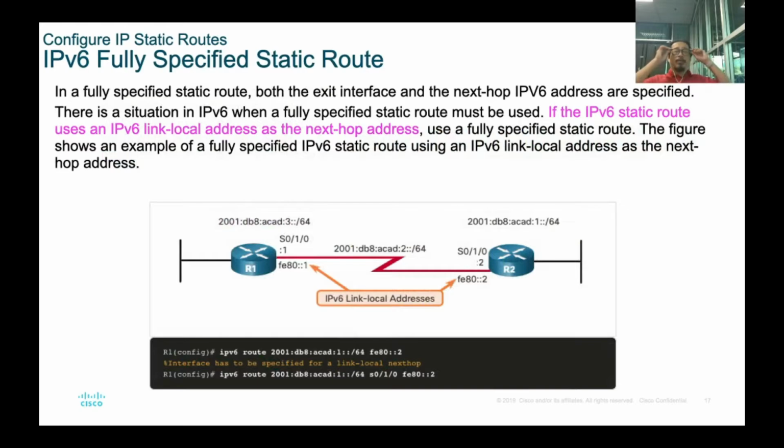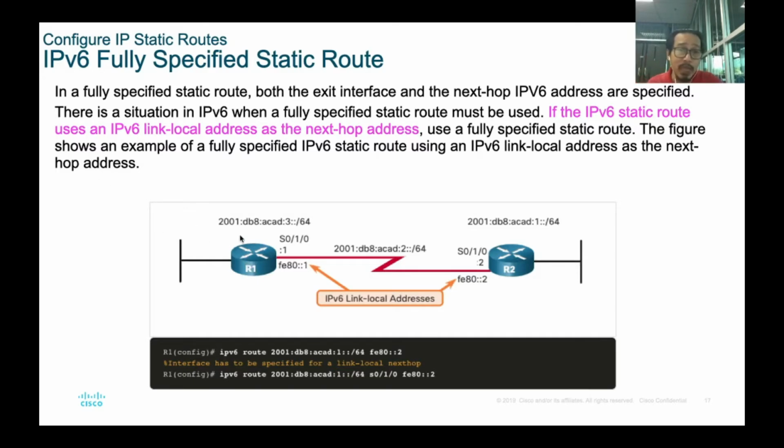But there is another situation for IPv6. Whenever we do IPv6 routing, we cannot use a link-local address as a next hop. Why? Because link-local addresses are effective on that local area network only, so they don't clash with other local area networks. This means we can still use the same address on other local area networks.